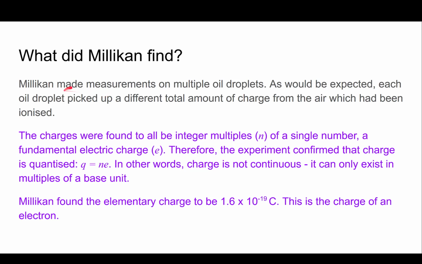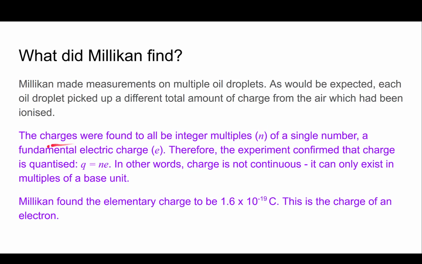So Millikan made measurements on many, many oil droplets. And as you'd expect, each oil droplet picked up a different amount of charge from the air. Sometimes the oil droplets might have picked up, say, 500 electrons. Sometimes the oil droplets might have picked up only 10 electrons. But Millikan found that the charges picked up by the oil droplets were all found to be multiples of a single number.